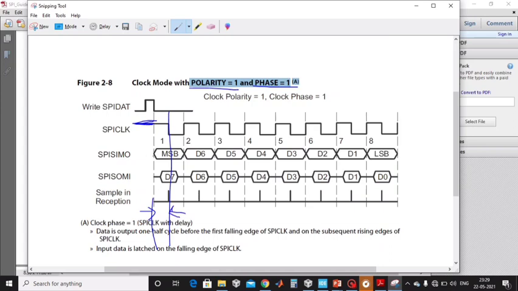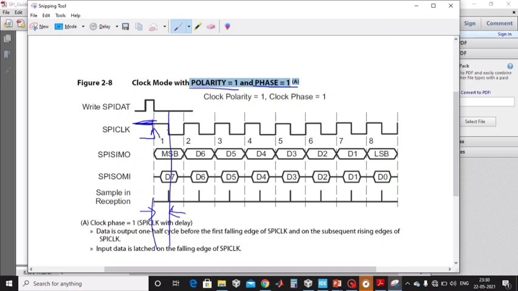So data starts here but clock starts after 180-degree. Similar to what we had done when clock polarity was 0 and clock phase was 1, similar thing we have to do here. We have to assume that there must be a rising edge here.